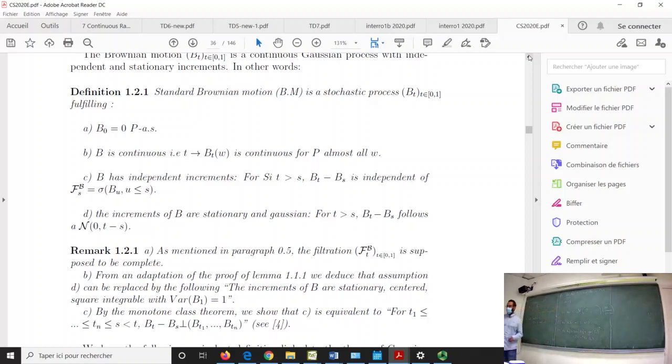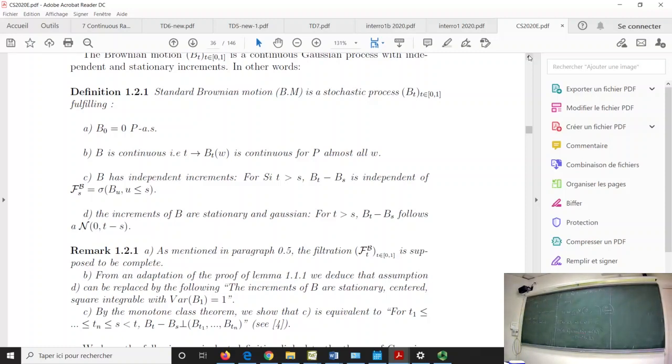It's because the variance is a quadratic form, or equivalently the covariance is bilinear. Of course, when I have written this, I suppose T to be strictly greater than S.